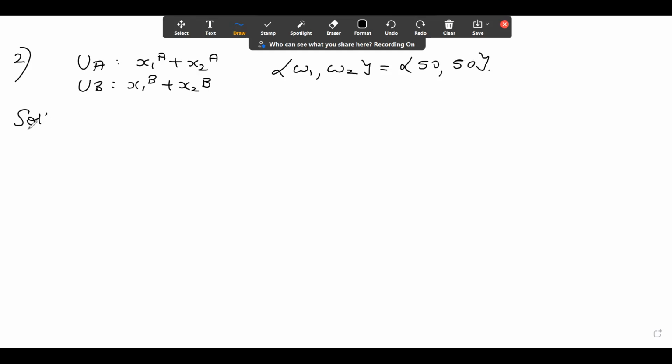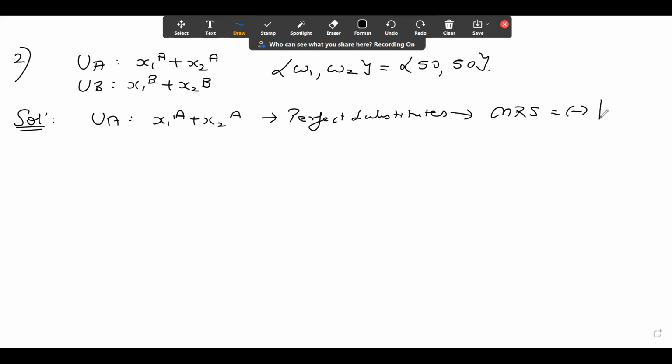If I quickly draw the Edgeworth box, utility of A is x1a plus x2a, perfect substitutes. And the MRS is -1, which is the slope of the indifference curve. Similarly, utility of B will be x1b plus x2b.